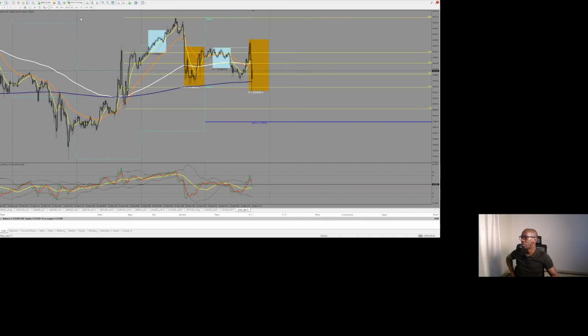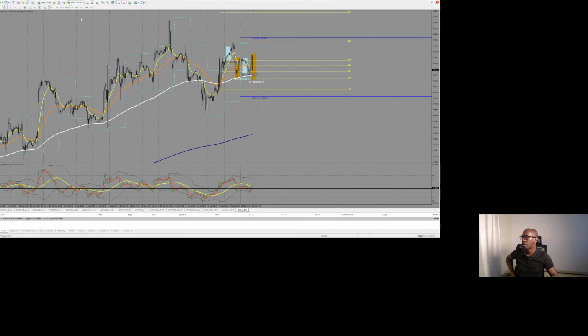Again, we just switch to H1 so that we see what potential moves there are. And that's definitely a liquidity sweep from H1.